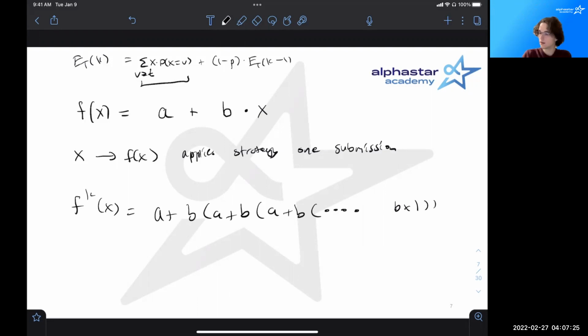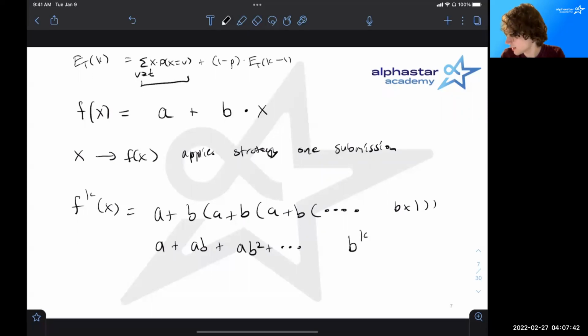So I think the thing to notice, we're going to end up with a plus ab plus ab squared and so on, plus all the way up to b to the k times x.